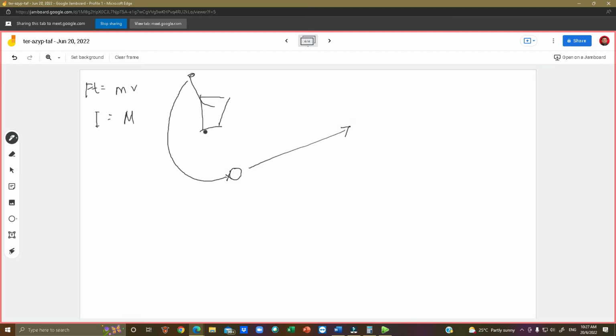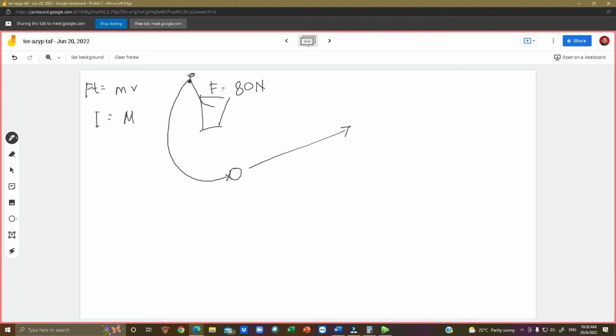Alright, let's say in order for this player to swing, he generated, let's say, 80 Newton of force at the hand column.